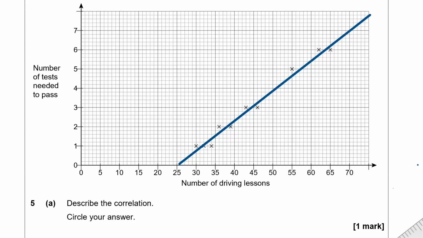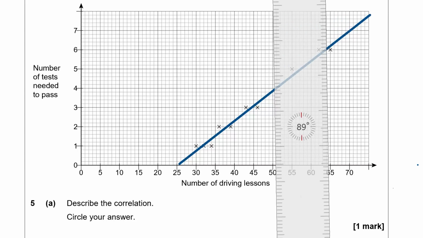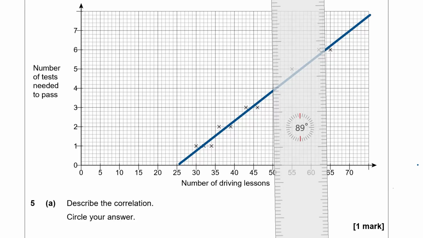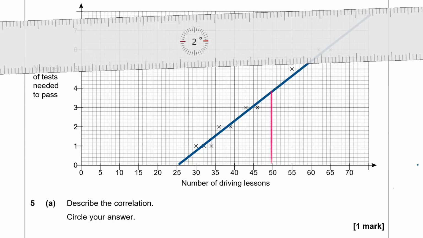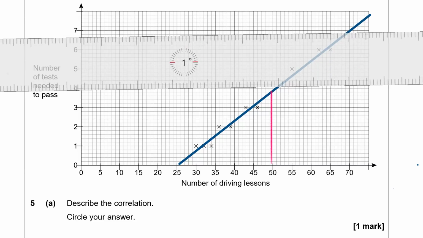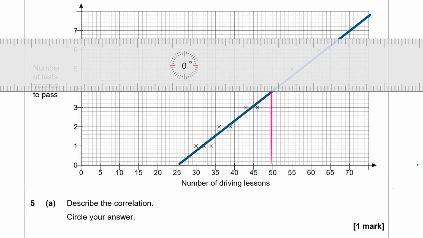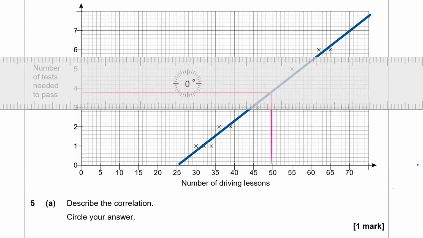I think that looks about right. Okay, once I've got that on, I need to read up to the line of best fit from 50 and across. So again, putting the ruler on my graph at 50. I'm going to need to read up to the graph at 50 and then along, like so.